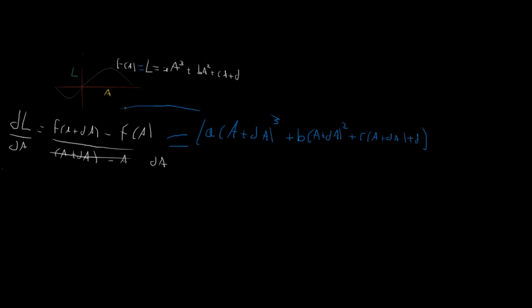That is this part right here, right? All we did was substitute A plus dA in for our A right here. So now we're going to substitute just our A.